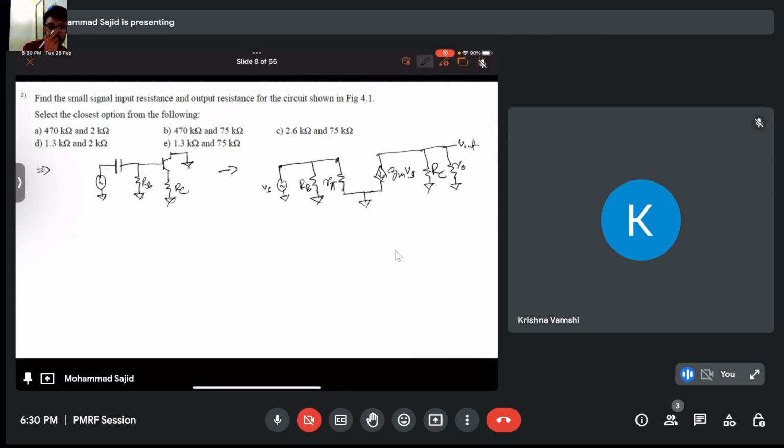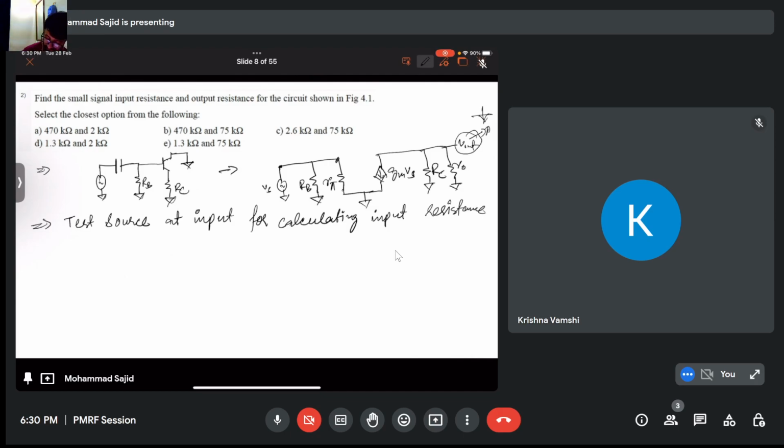So how do you find input resistance? If we have to find input resistance, if there is any supply here, you ground it, right? Then we use test source at input for calculating input resistance.